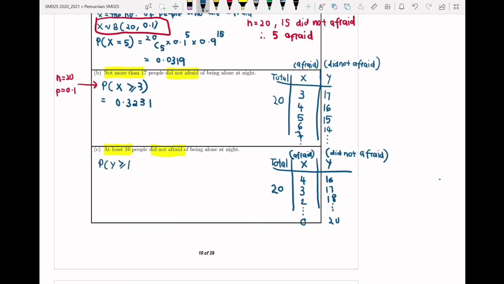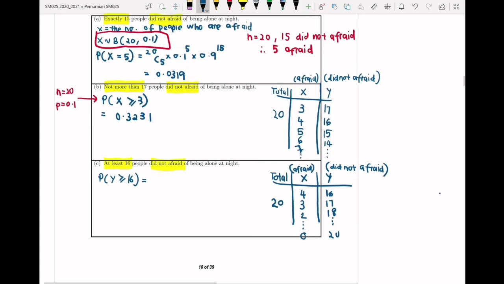That means for Y greater than or equal to 16 who did not afraid, we need to change to X, because we have let X be the number of people who are afraid. So we need to find the probability X less than or equal to 4. Then we will use the binomial table with n equals 20, p equals 0.1. But you need to remember the table only gives the greater than or equal value.